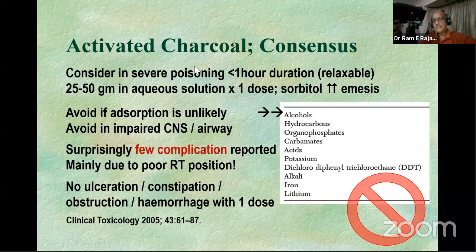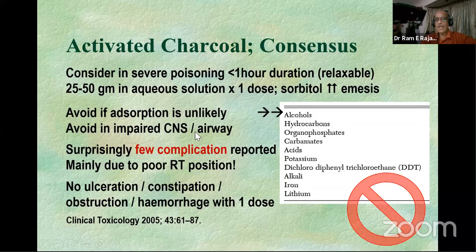You would consider it in severe poisoning where it is less than 1 hour duration, with some relaxation one way or the other. The traditional dose will be to give 25 to 50 grams, 1 gram per kg body weight is very typical, with one single dose. We do not give sorbitol. In the past, we used to worry about the activated charcoal causing constipation, so they used to add sorbitol, but all we notice is sorbitol only increases the risk of emesis.